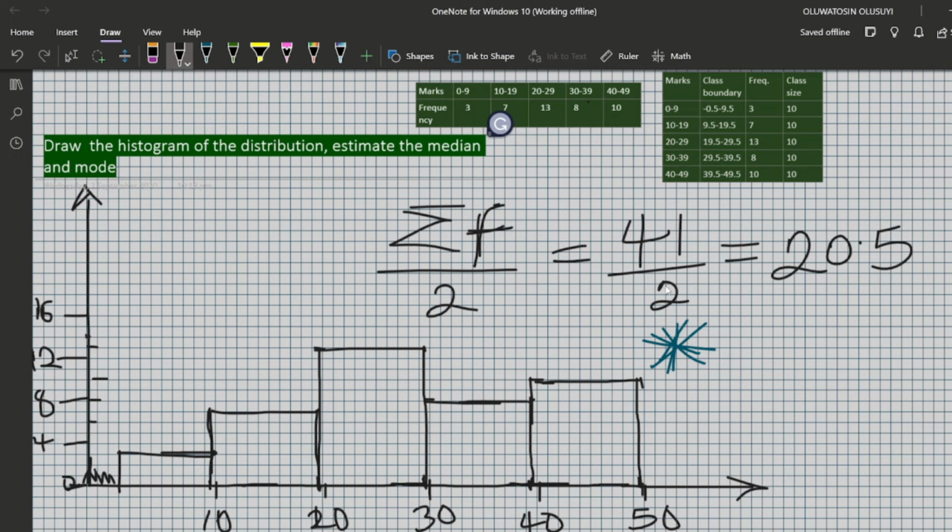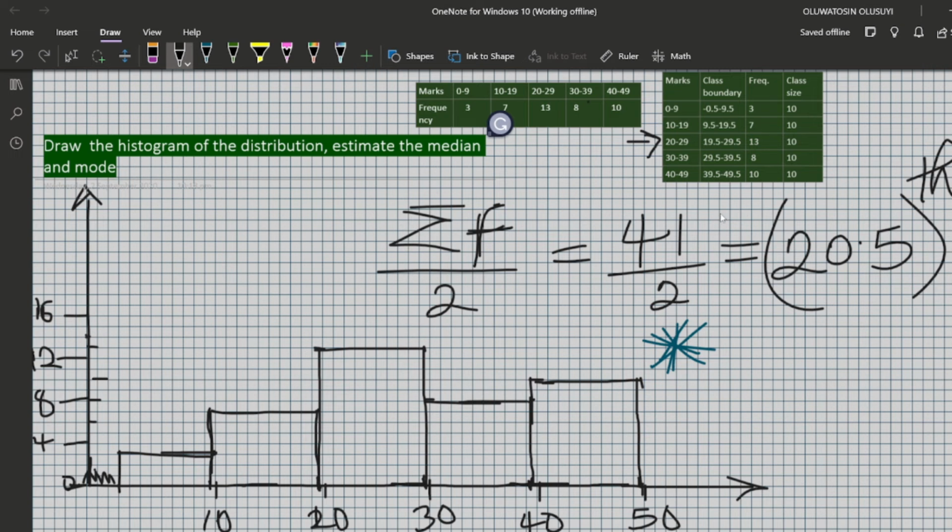The median position, if you add up, let's see where we get 20.5. 3 plus 7 is 10. 10 plus this is 23. Automatically 20.5 will fall in this class. Since this one is 23, from here adding up. So our median class is this. I see that that's the median class.